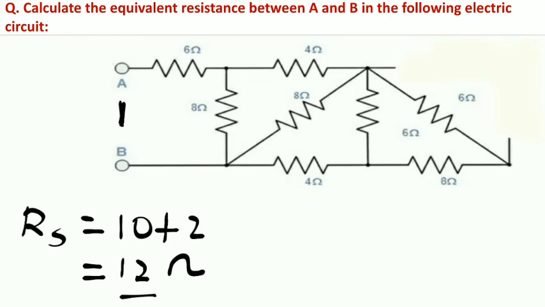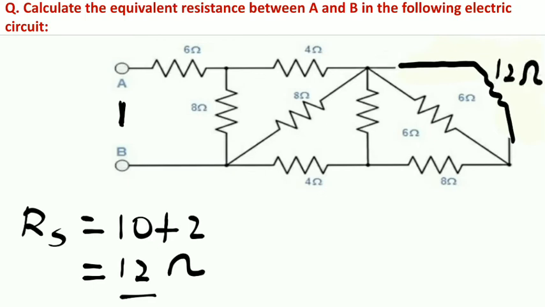We have removed these two resistors, and in place of them we put their resultant, which is 12 ohm.